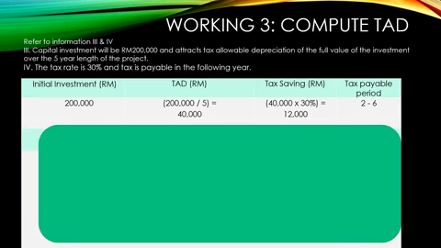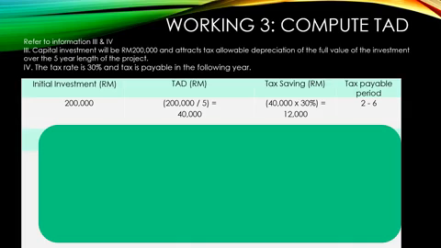Next, you can compute for the tax allowable depreciation. You need to refer to information number 3 and number 4. For information number 3, capital investment will be 200,000 ringgit and attracts tax allowable depreciation of the full value of the investment over the 5-year length of the project. So to compute for the tax allowable depreciation, you can use the straight line method.